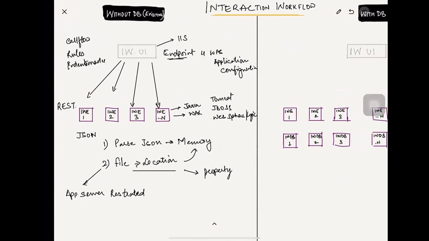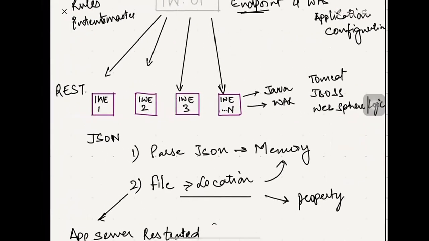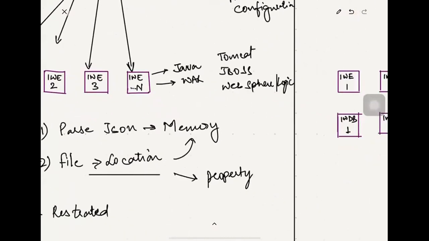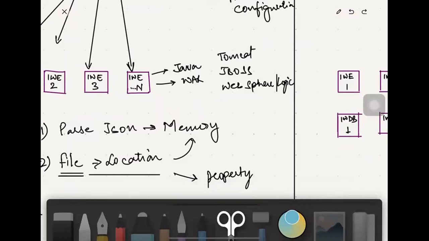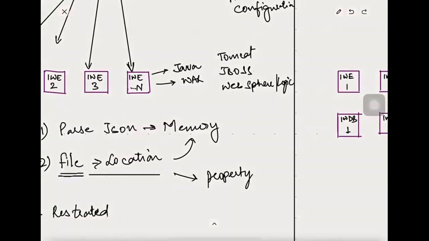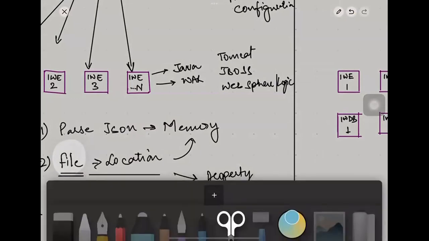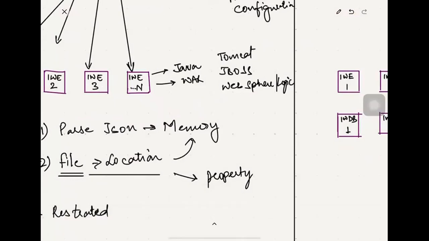Now, there is no database connection. There is nowhere these files are stored apart from the files over here, right? So the important key aspect over here is all the data is stored in 2 places. One is file, and second is the memory, right?